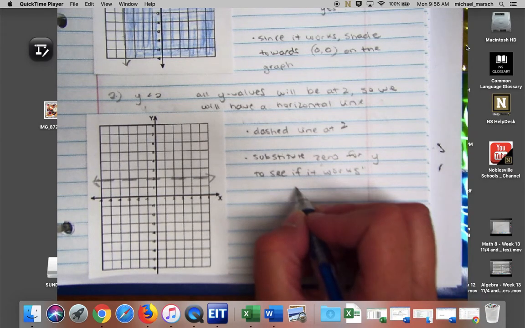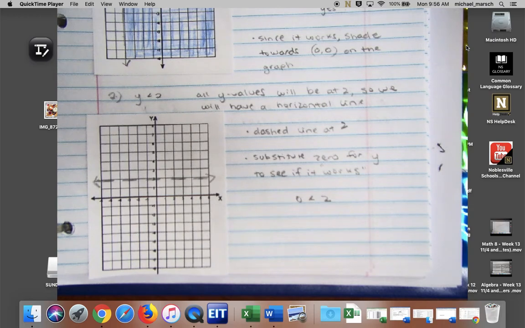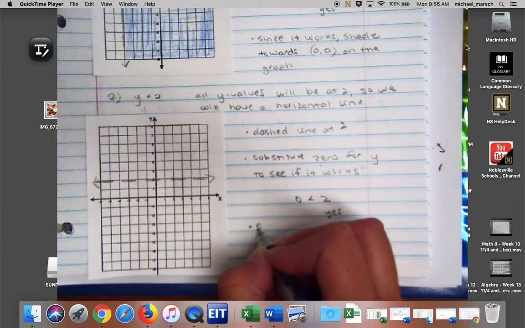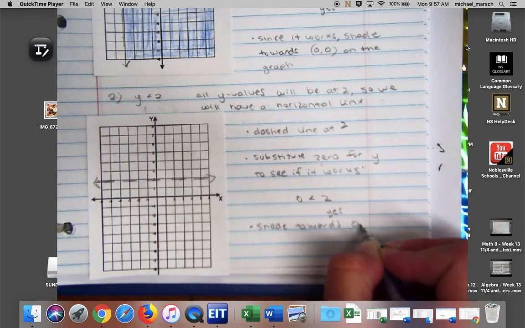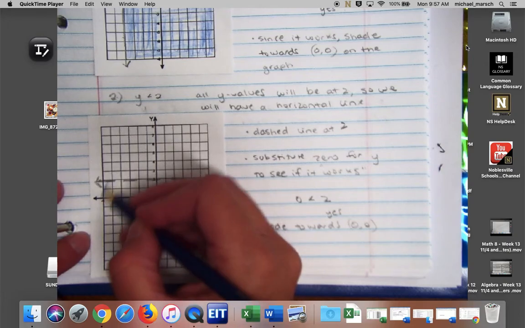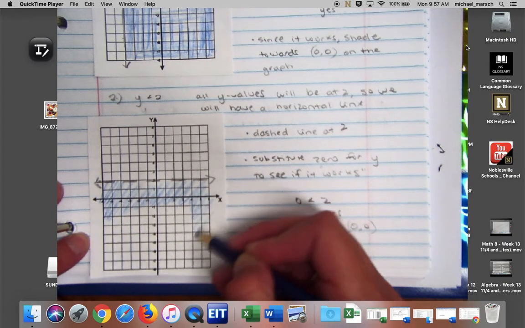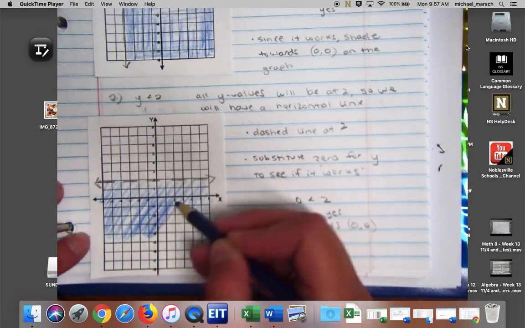Okay, so is 0 less than 2? Yep, 0 is less than 2. So I'm going to shade towards 0, just like I did for the first one. So everything down here would count as a solution for y because all of these values are less than 2.